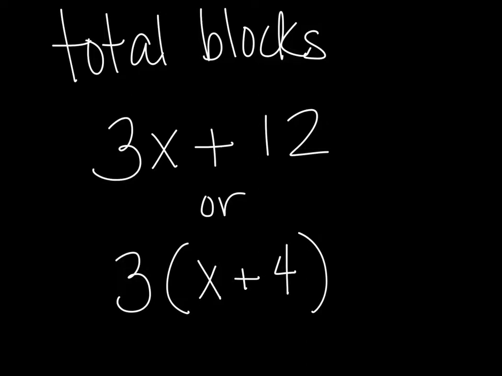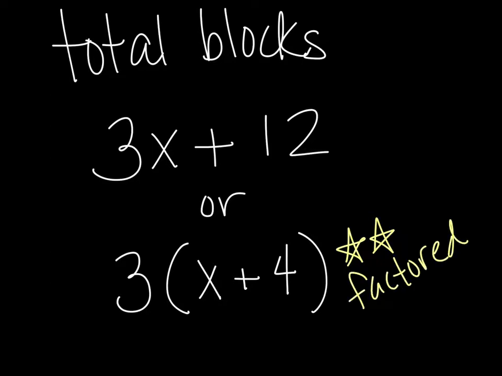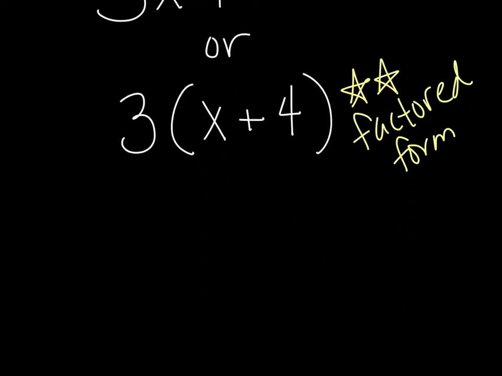In the previous screen, we said that the total number of blocks was 3x plus 12, or 3 multiplied by the quantity of x plus 4. And this notation right here, boys and girls, is a factored form of the distributive property.